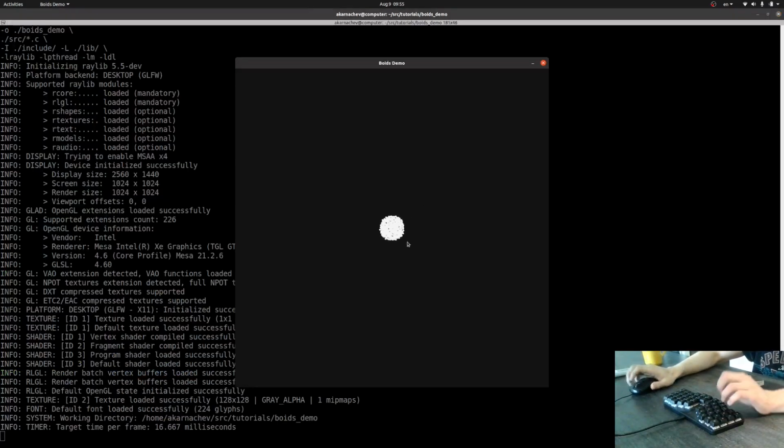Well, not static, they are separating from each other, but they don't have a target. When they separate to the maximum distance, they kind of stop.